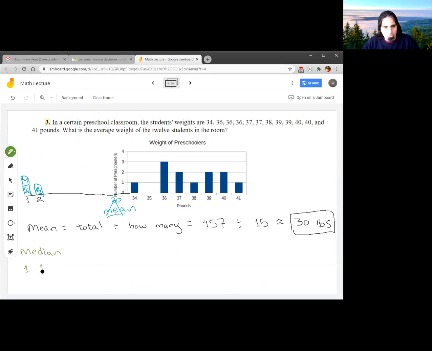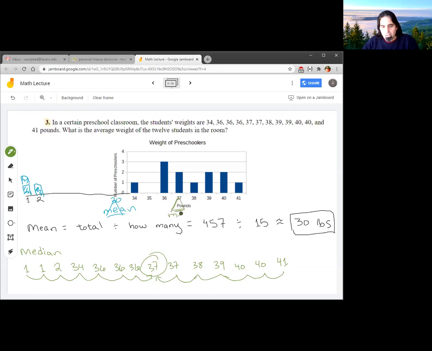We had 1, 1, 2, 34, 36, another 36, another 36, a 37, another 37, a 38, a 39, a 40, a 40, and a 41. So if we go in from each end, the middle one is 37.